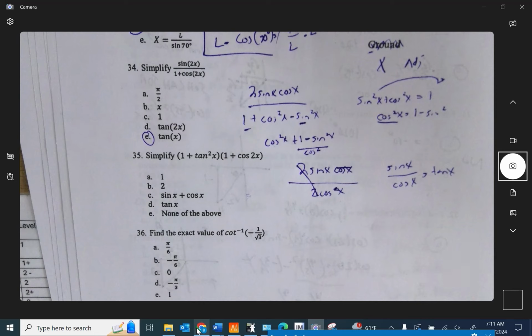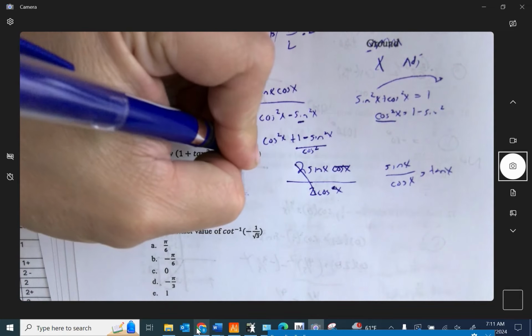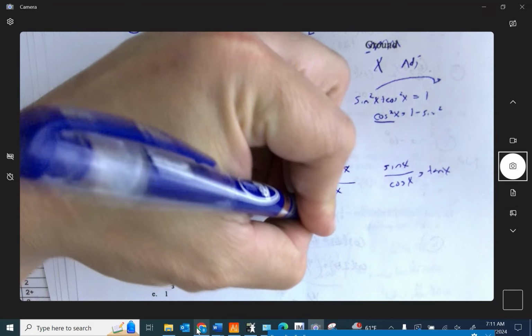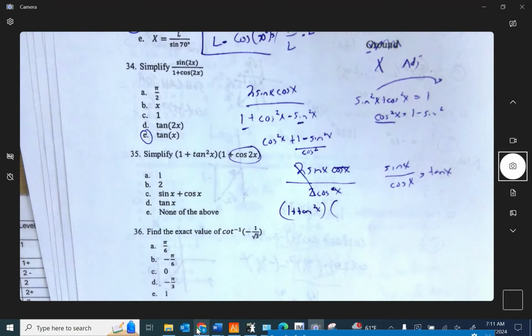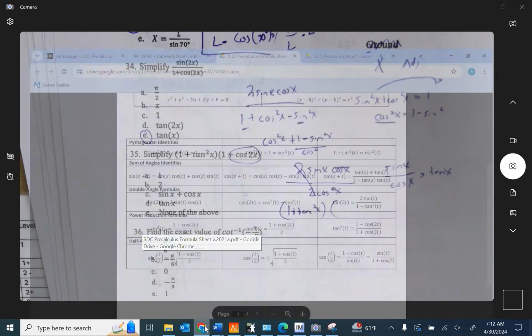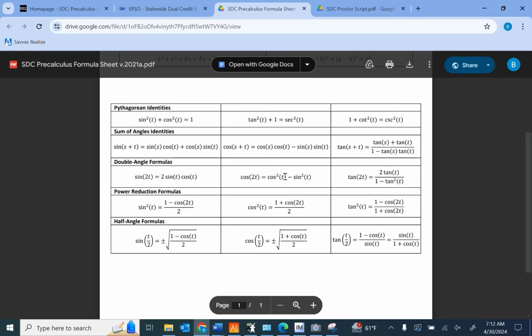All right, so moving forward here. Simplify 1 plus tangent squared times 1 plus cosine of 2x. And let's use our substitution that we have. Again, look at the reference sheet, if you're anything like me this morning. So cosine of 2x should be cosine squared minus sine squared.